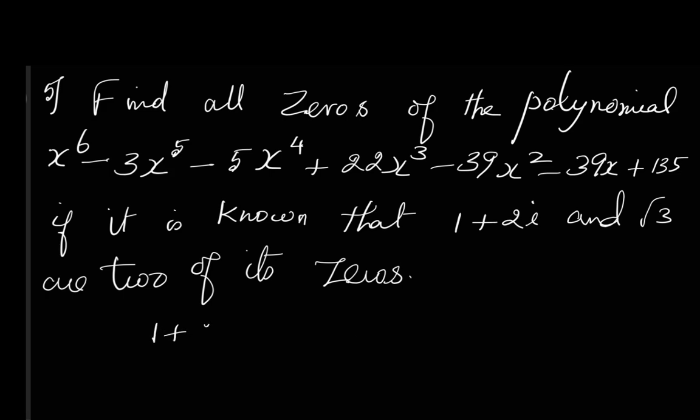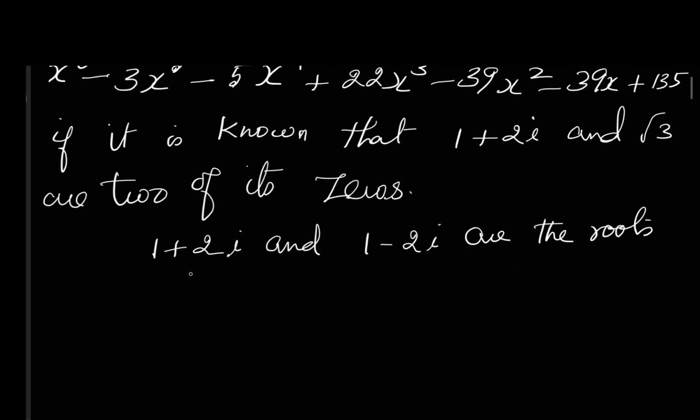So 1 plus 2i and 1 minus 2i are the roots. Complex roots always occur in pairs. So if 1 plus 2i is given, automatically 1 minus 2i is also a root. Let me take the sum of the roots, S1: 1 plus 2i plus 1 minus 2i is equal to 2.